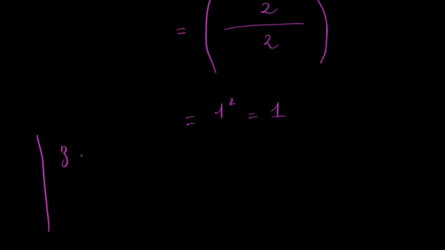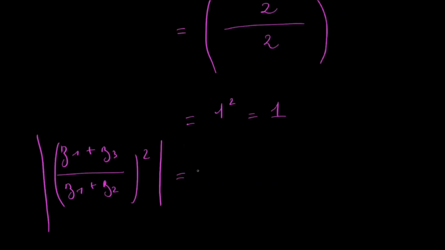Okay, so the modulus of z1 plus z3 over z1 plus z2 square equal 1.